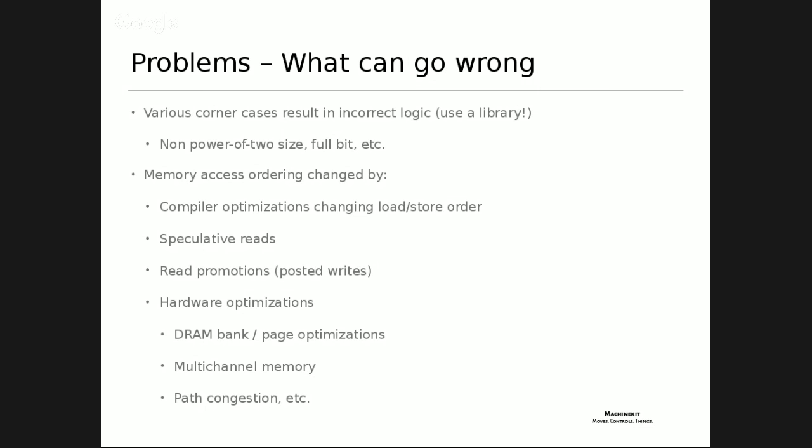DRAM memory now is made up of pages and banks, and you have to access these pages and activate the banks, and specific regions of a DRAM you may be able to access in a couple of clocks. You might be able to access another region of DRAM in 10 or 20 clocks.